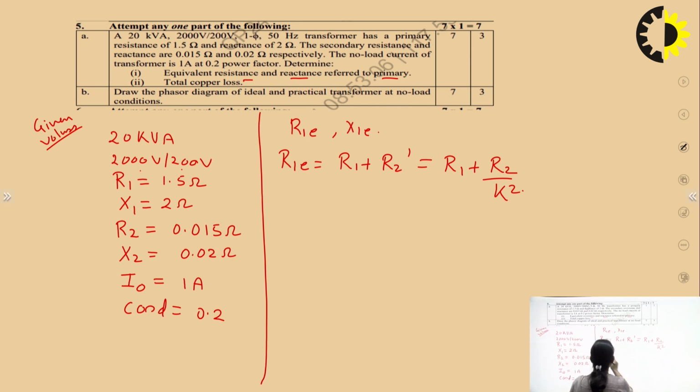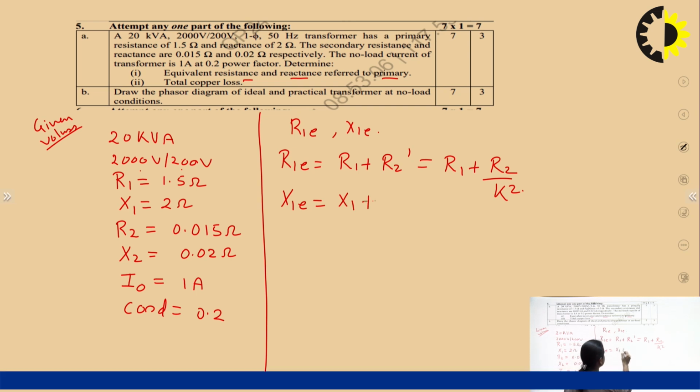Similarly, X1E is equal to X1 plus X2 dash. This is the secondary value which is transferred to the primary, or we can say referred to the primary. When secondary values are referred to the primary side, they get divided by K square, so you will write X1 plus X2 by K square.